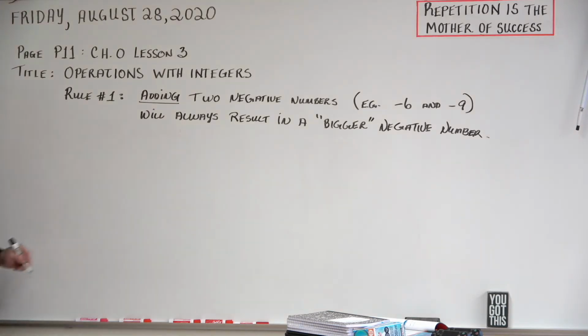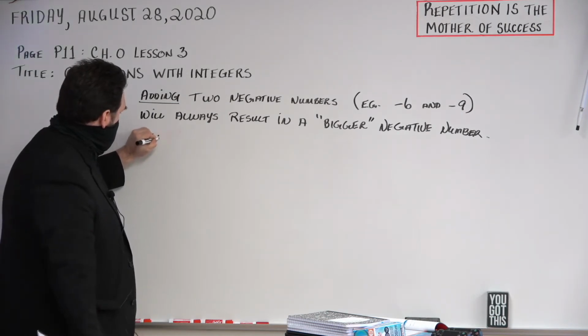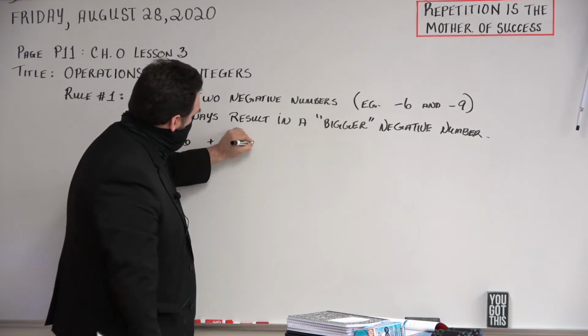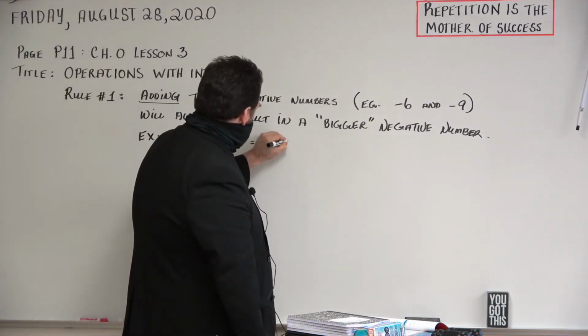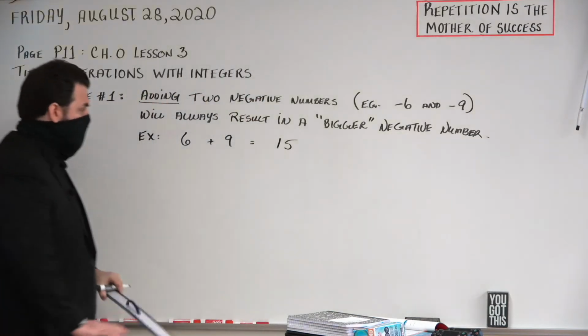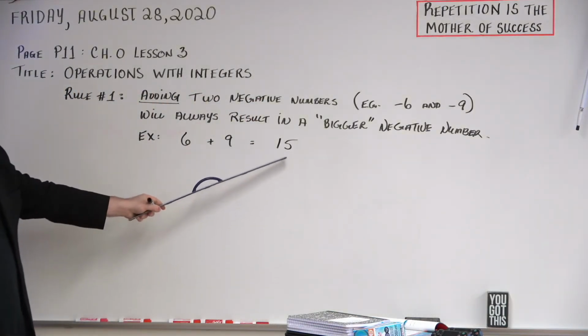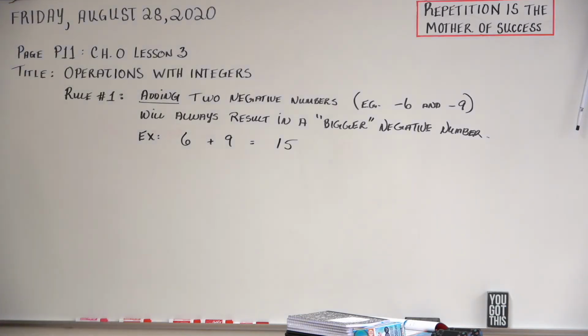Let's look at an example of that just to make sure we understand. Here's our example. 6 plus 9, in positive land, equals 15. Notice neither 6 nor 9 is larger than the sum of 6 and 9. This is like first grade math, right?